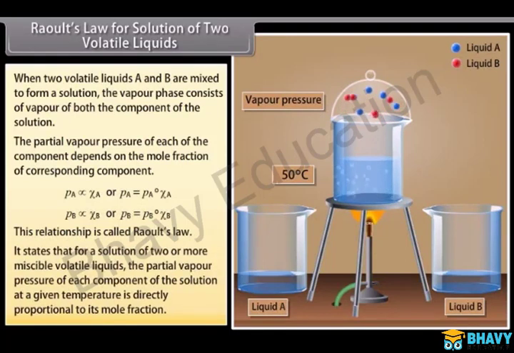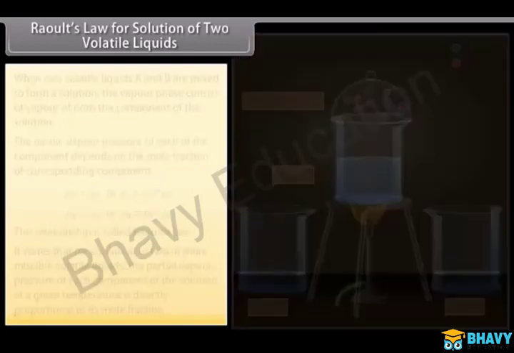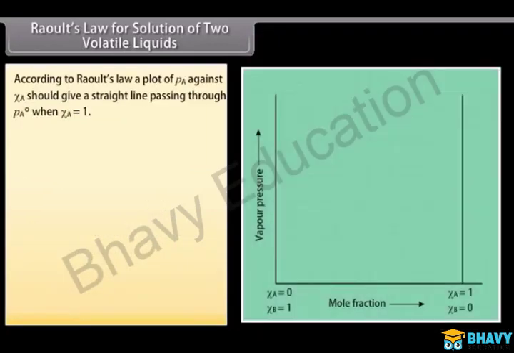It states that for a solution of two or more miscible volatile liquids, the partial vapor pressure of each component of the solution at a given temperature is directly proportional to its mole fraction. According to Raoult's law, a plot of PA against XA should give a straight line passing through PA° when XA = 1.